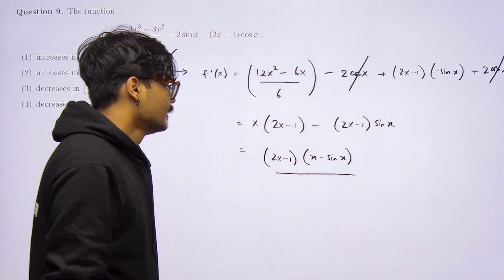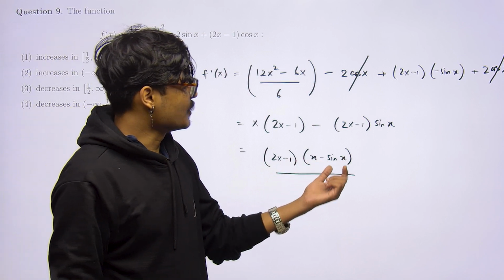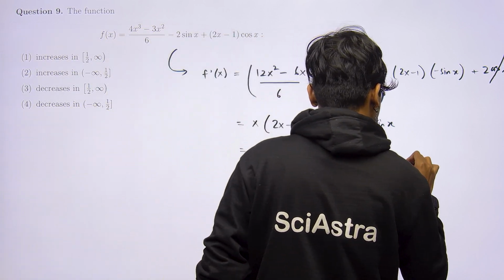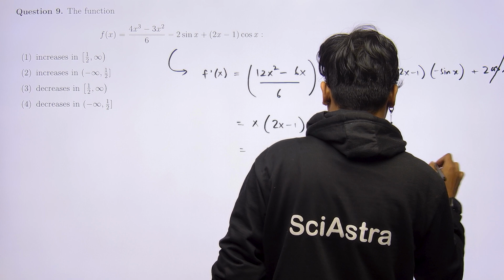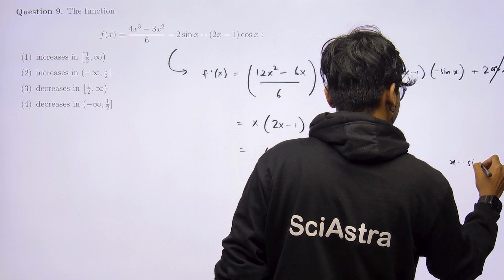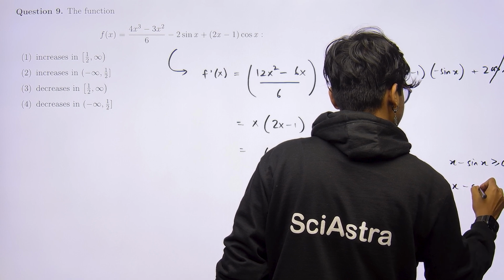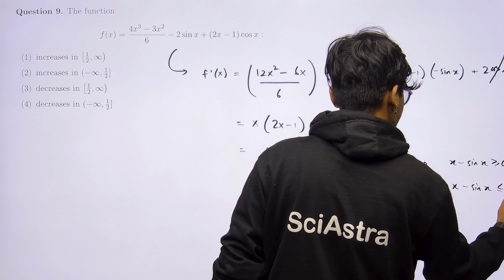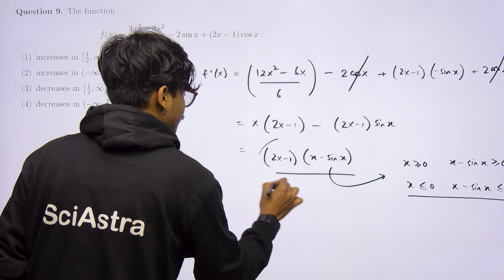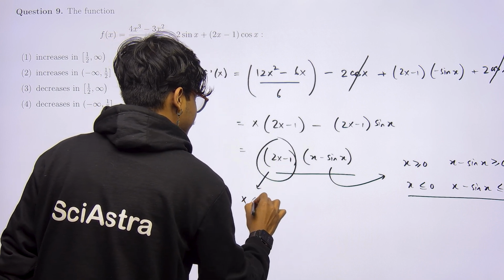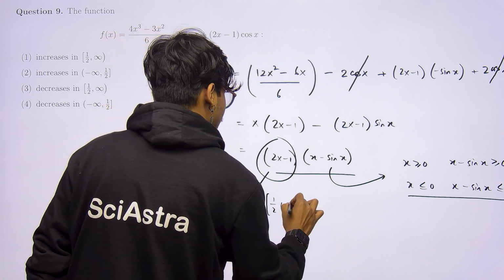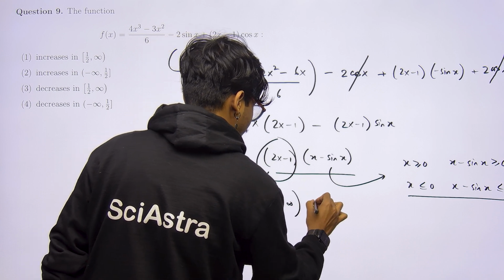Okay. Now we know that for any x which is positive, x minus sine x is positive, right? And for x less than equal to 0, x minus sine x is going to be less than equal to 0, right? And if you look at the first function, for all x in plus half to infinity, this is going to be positive.